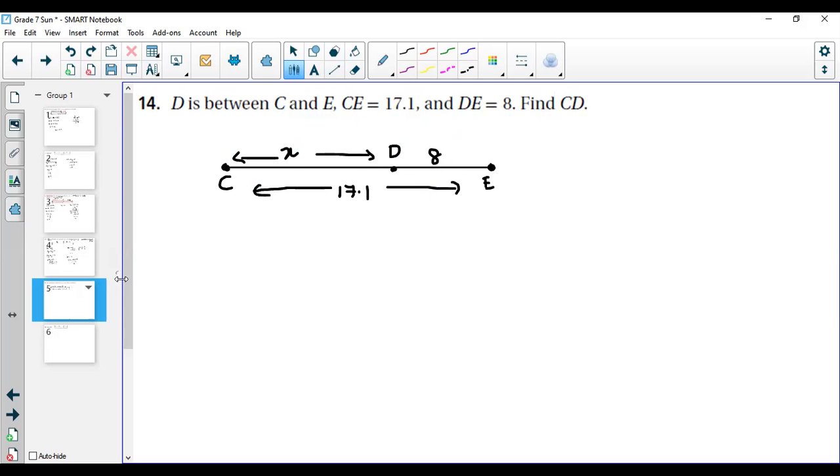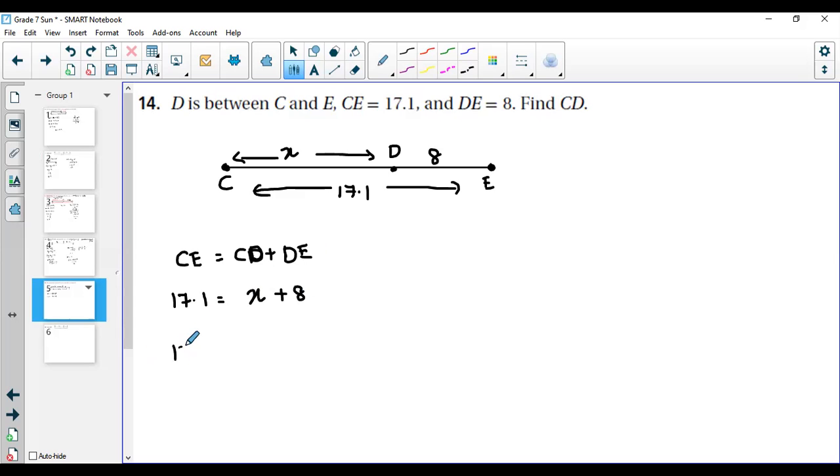Okay, so first let's write the equation. Now by now you must be very familiar with how to write these equations. CE, that's the total length of the line, is equal to CD plus DE. So which means 17.1 equals CD, that which we don't know is X, plus DE, which is 8.